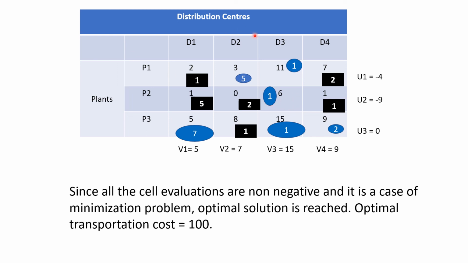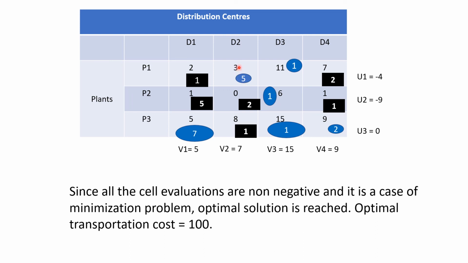So compared to the earlier transportation cost, which was 101, my transportation cost gets reduced by 1. So even if you don't calculate it separately, you can say with surety that it is going to be 1 less than the solution we got earlier. So earlier we got 101, 101 minus 1 into 1, that is 100.